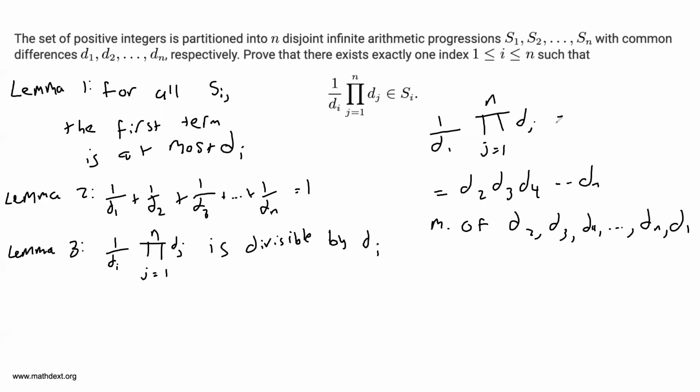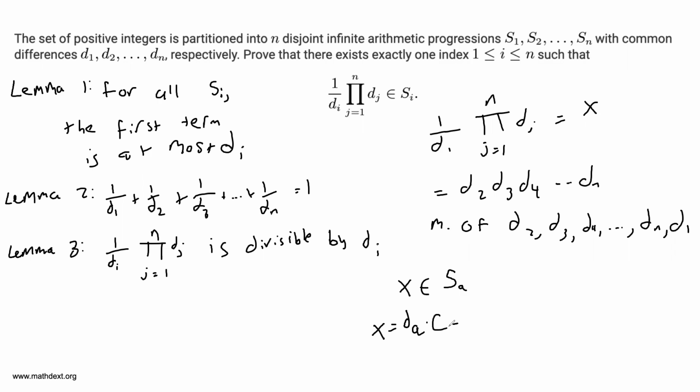Now let's say that this term, which we'll call x, is in some sequence SA, right? So this x is equal to dA times some constant, right? However, lemma 1 states that for all Si, the first term is at most di, which means that the first term is at most dA.